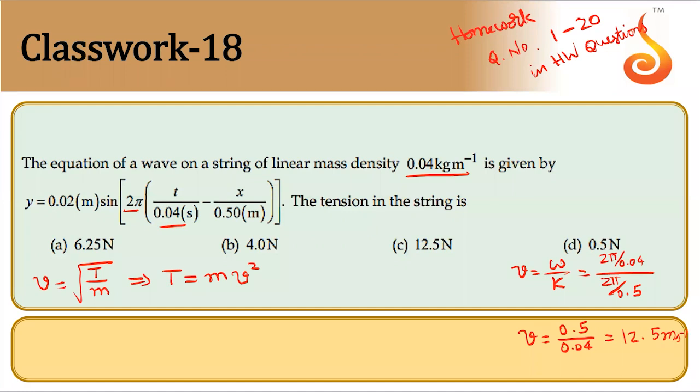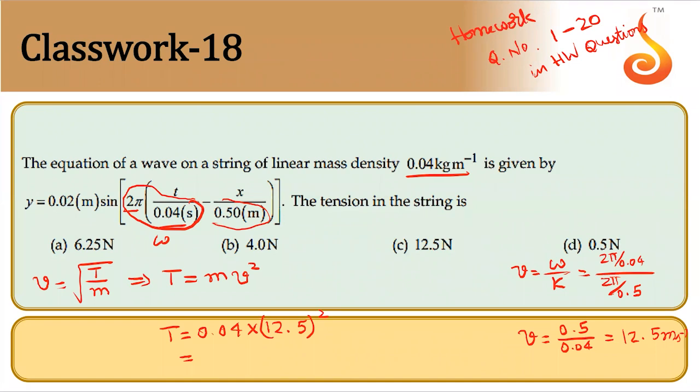12.5 meter per second. See, the coefficient of t, whatever is there, this is omega. So 2 pi into 1 by 0.5, that is k. So substitute here, T is equal to mass per unit length 0.04 into 12.5 square.